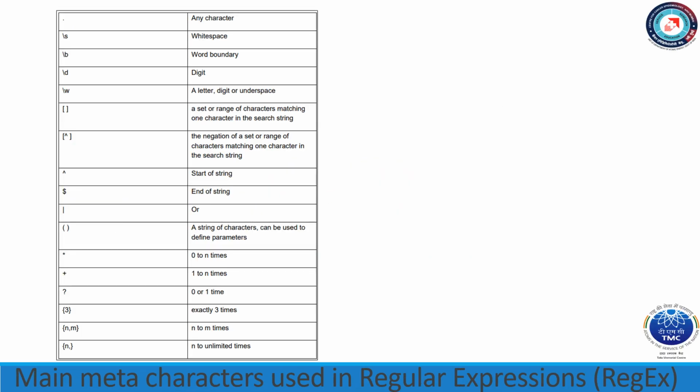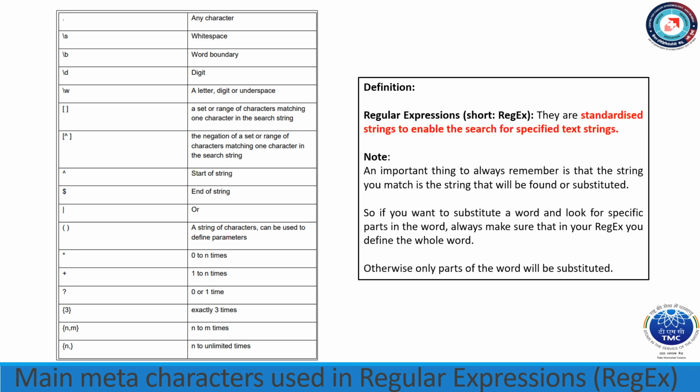In the table shown here, on the left-hand side are the main meta characters and to their right-hand side are the corresponding descriptions of the same. Regular expressions, by definition, are standardized strings to enable the search for specified text strings.